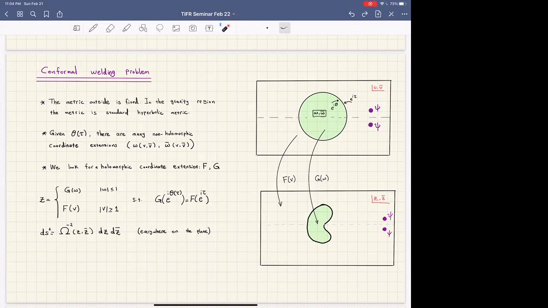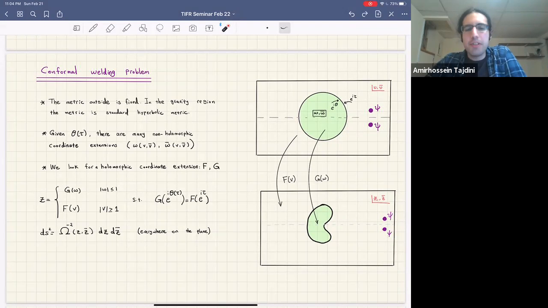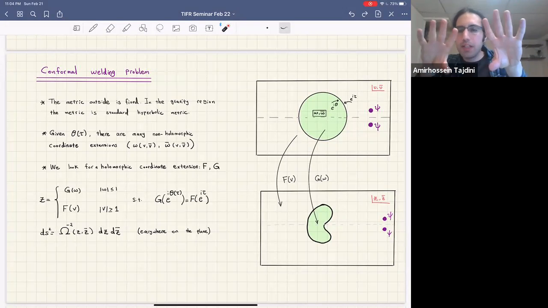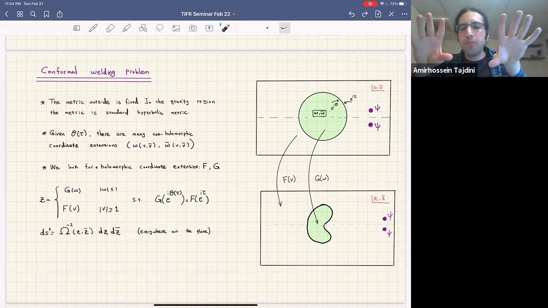So no, it's actually worse than that. The part that you're talking about is about what's going on with the metric, and whether it's continuous or its first derivative. But this is a problem for computing the matter contribution in whatever background you choose.